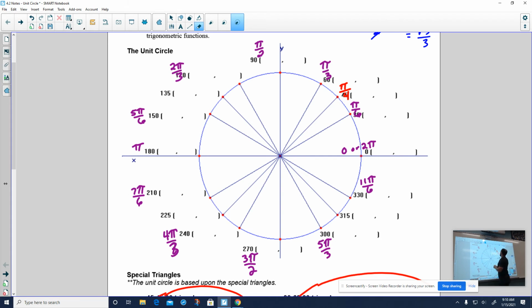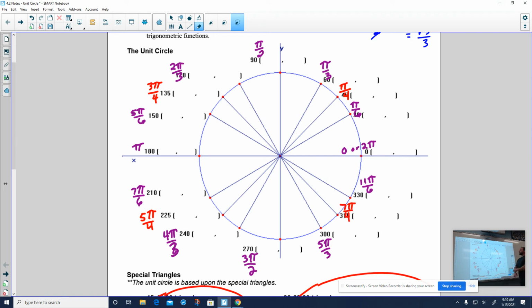So that's pi over 4, 2 pi over 4. 135 would be 3 pi over 4. 180 would be 4 pi over 4. 225 would be 5 pi over 4. 270 would be 6 pi over 4, which reduces to 3 pi over 2. And then 7 pi over 4 is my 315.